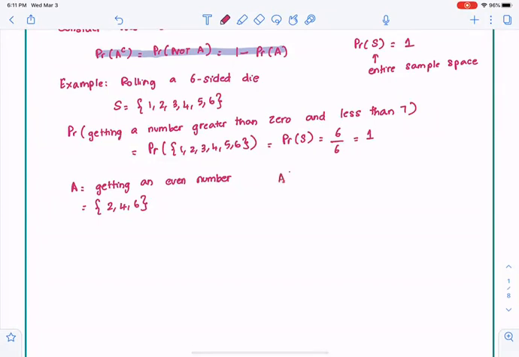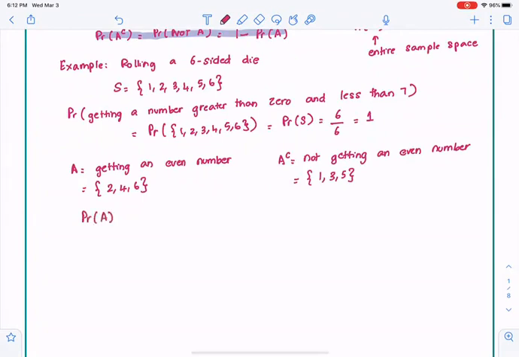So A complement would simply mean not getting an even number, which means we are going to get an odd number, so 1, 3, and 5.